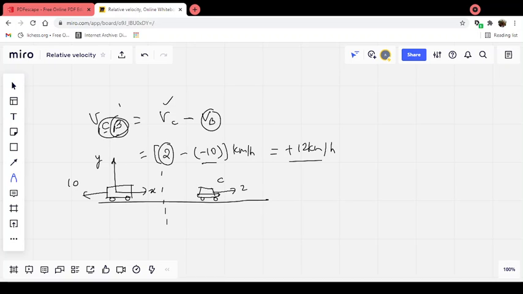This means that the bus would see anything going away from it in the x direction as something having some positive velocity.